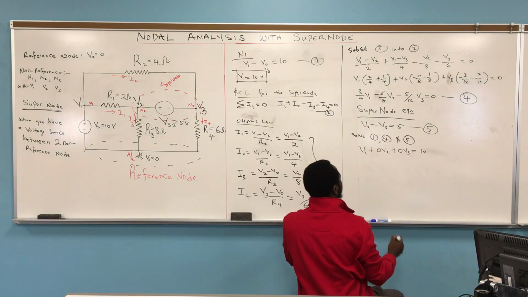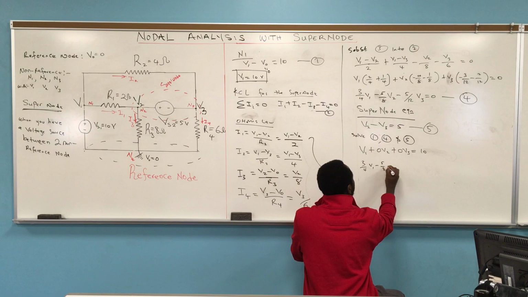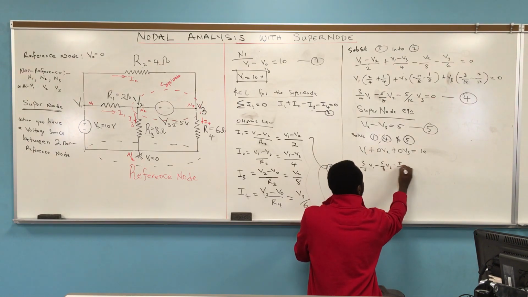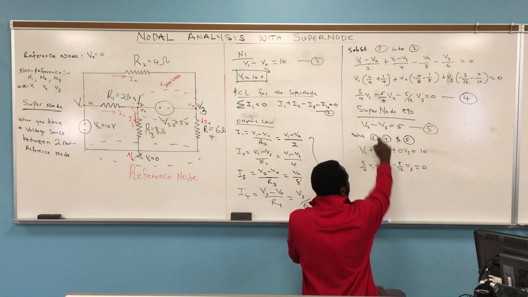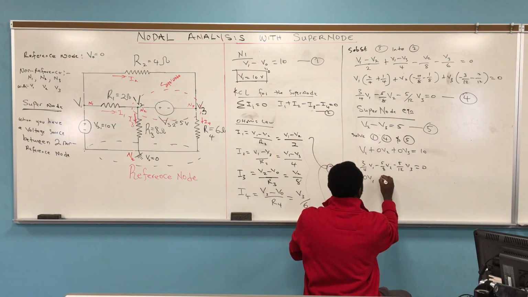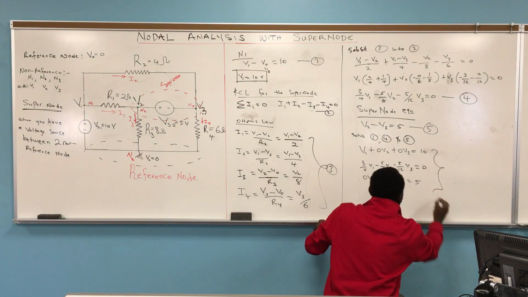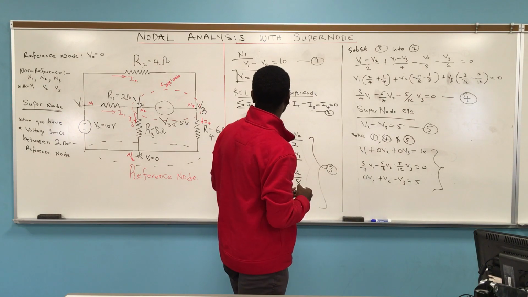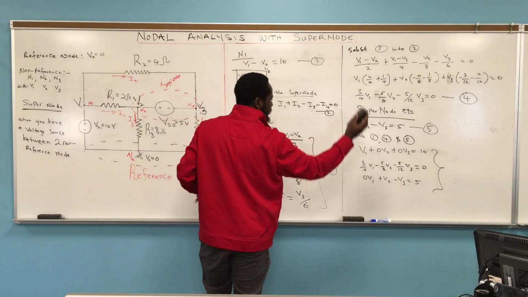My equation 4 is 3 over 4 V1 minus 5 divided by 8 V2 minus 5 divided by 12 V3 is equal to 0. And then my 5 is 0 V1, because we don't have V1 there, plus V2 minus V3 equal to 5. We're going to solve this simultaneously, so I will rewrite it.